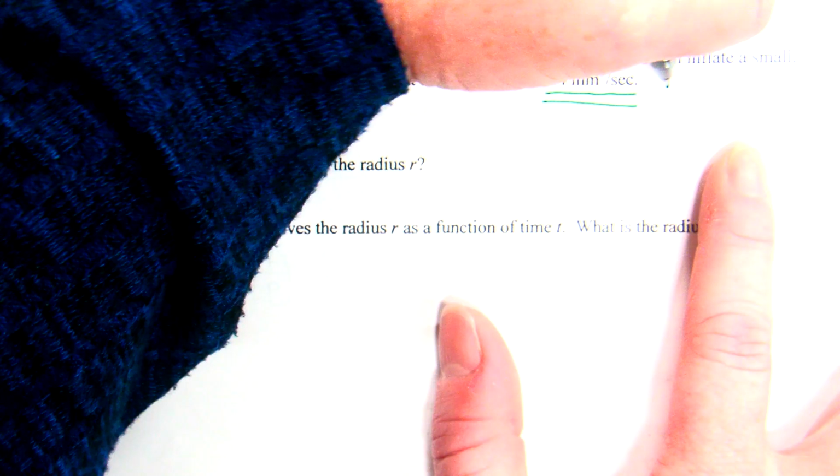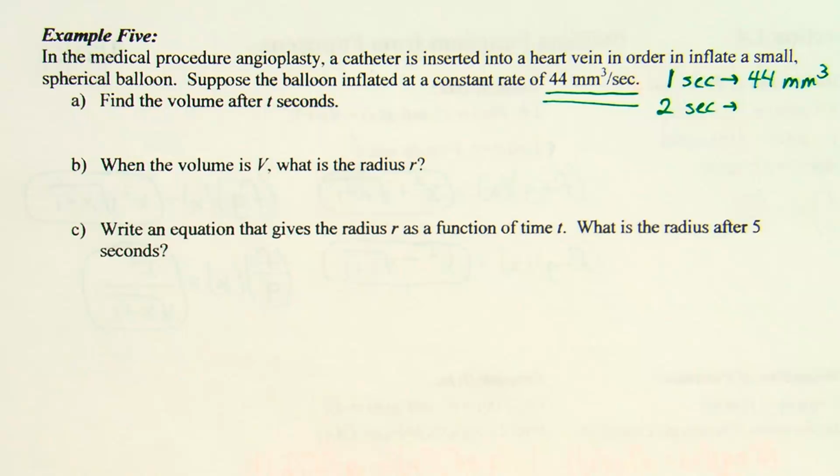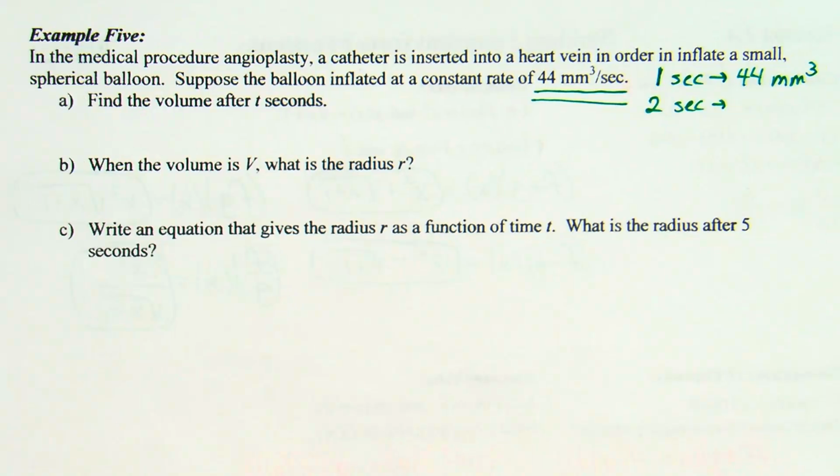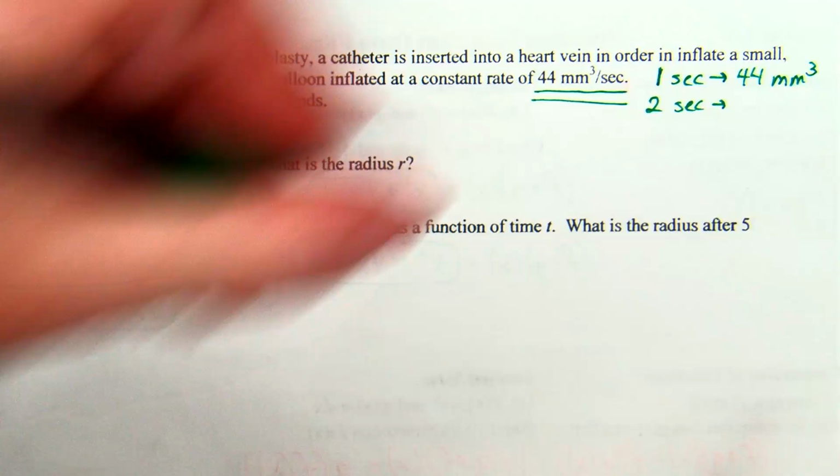After 1 second, what is the volume? 44 cubic millimeters. Basic math here, trying to lead you to something. After 2 seconds, what is the volume? 88, because 44 per second, right? So 88.